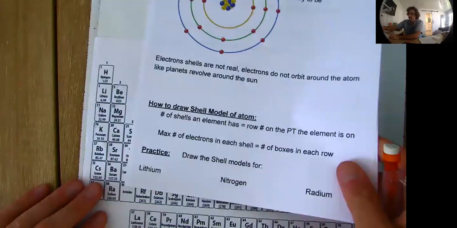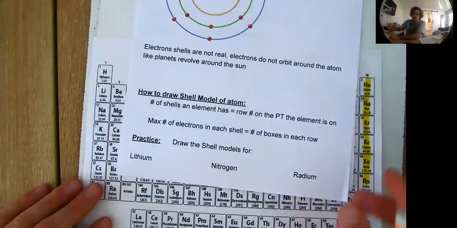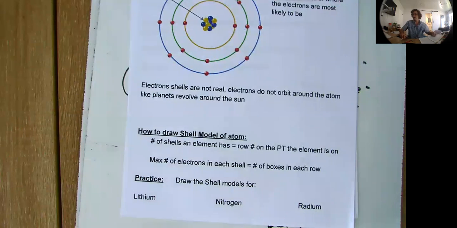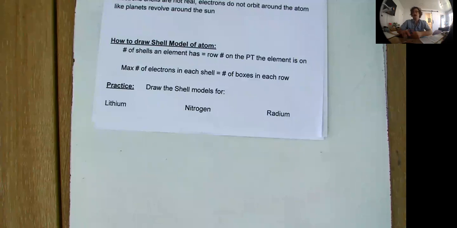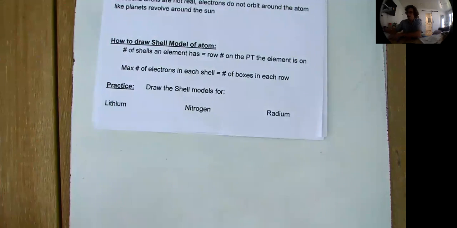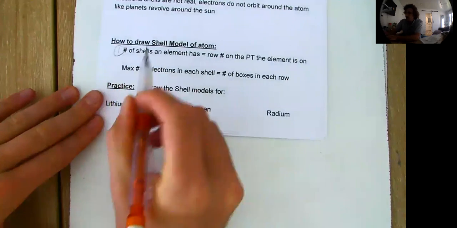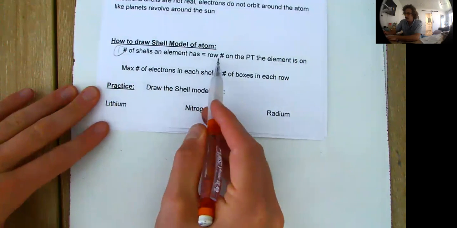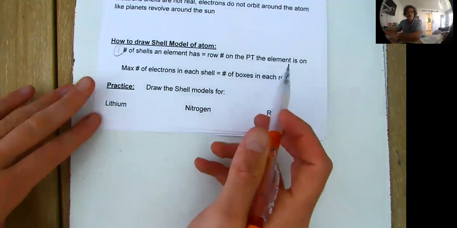Okay, so now we're going to practice drawing the shell models for lithium, nitrogen, and radium. Go ahead and push pause and try and do it on your own. Okay, here we go. So for lithium, step number 1, determine the number of shells an element has. And we know that that's the row number on the periodic table the element is on.